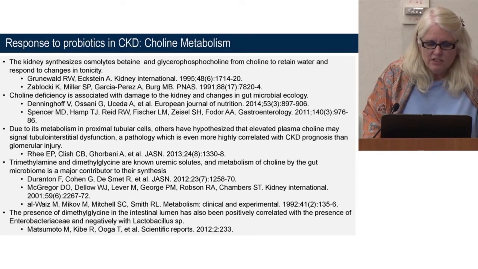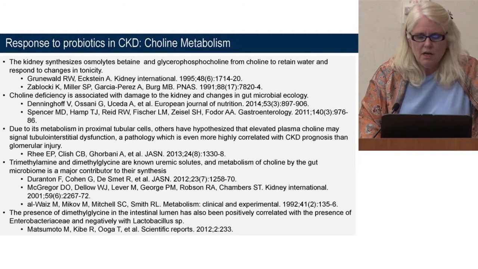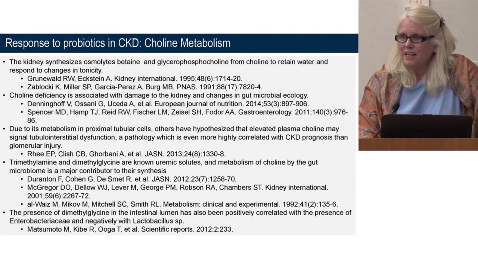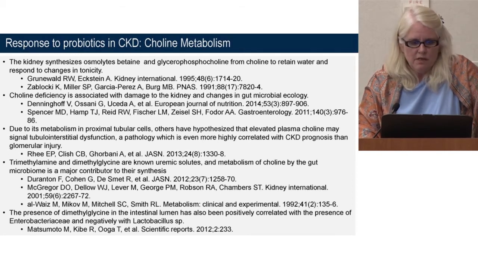Trimethylamine and dimethylglycine are known uremic solutes, and metabolism of choline by the gut microbiome is a major contributor to their synthesis. And then the presence of dimethylglycine in the lumen has also been positively correlated with the presence of bacteria. And so those are sort of evidence, again, in this study, that we have this importance of choline metabolism in response to probiotic treatment.